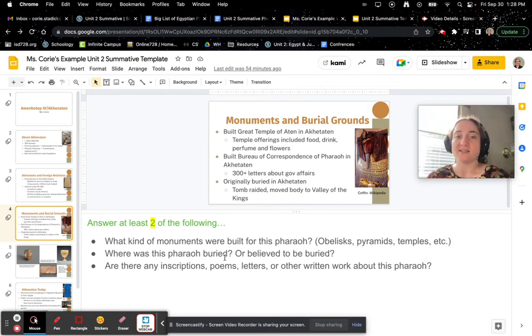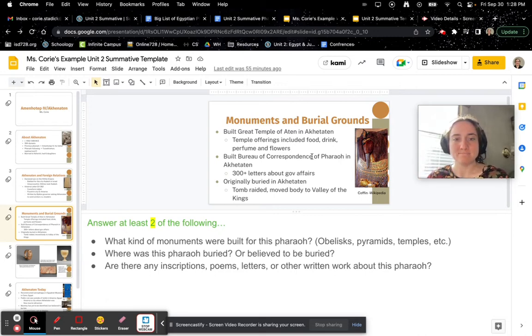Okay. So my example is that he built the great temple of Aten in Akhetaten. Remember that was his capital city name? So it was a temple offering food, drink, perfume, and flowers.